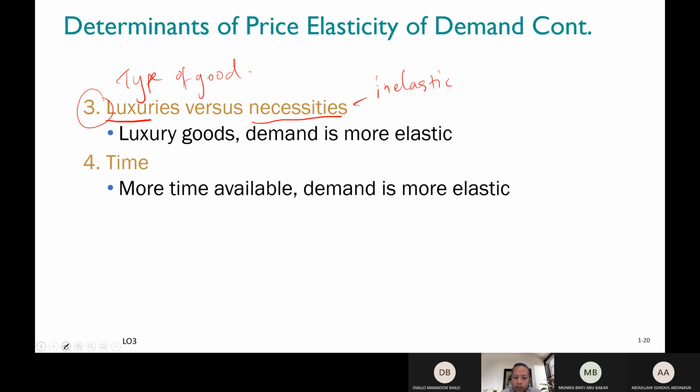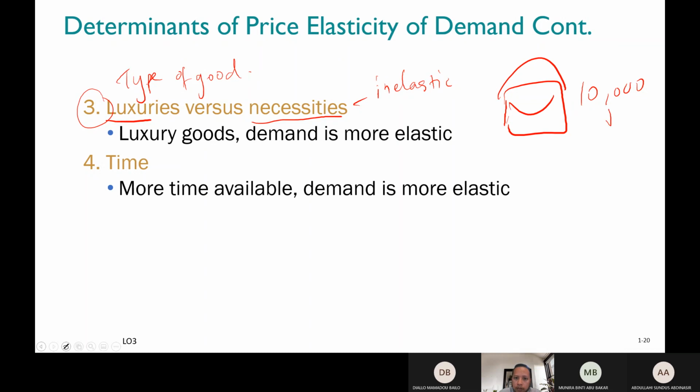People will be rushing to buy it. So imagine if you go to a Louis Vuitton boutique, and the price of the handbag is, let's say, 10,000. No one would buy it, or maybe a very small portion would buy it.